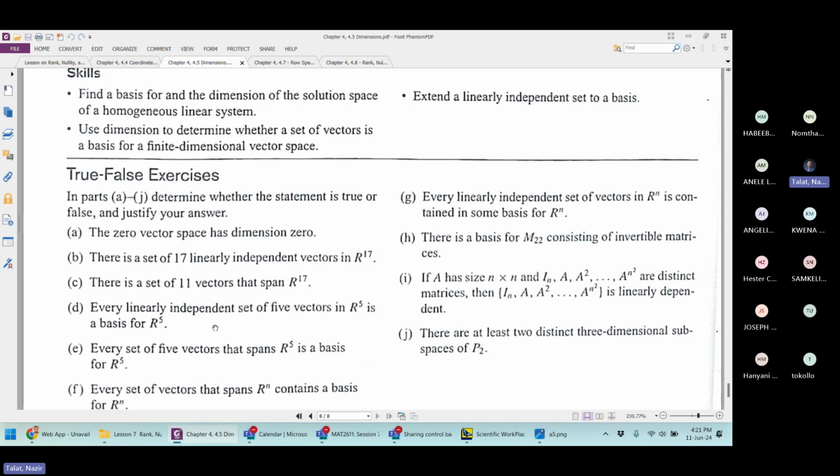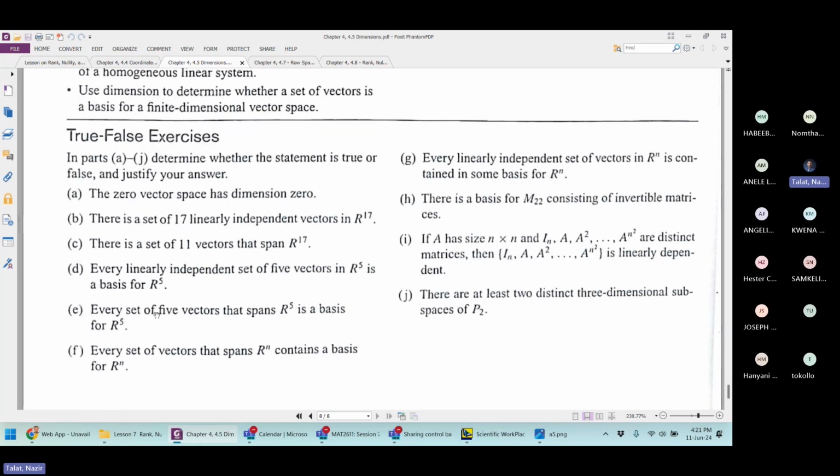So this part is true. The set of 5 vectors that span R5 is a basis for R5. Yes, this is also true, because it is the inverse of that problem. If the 5 vectors span R5, then these 5 are also independent.